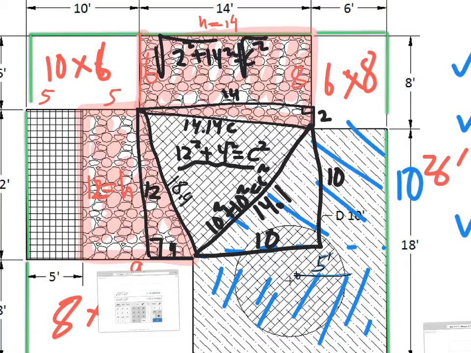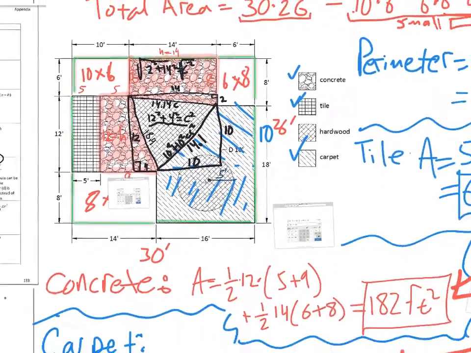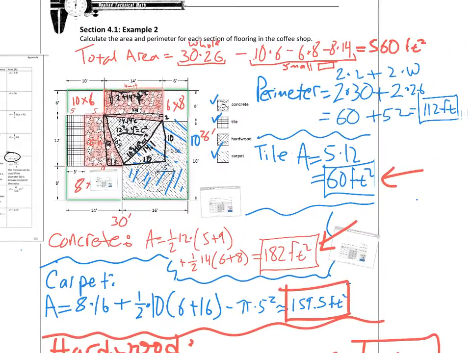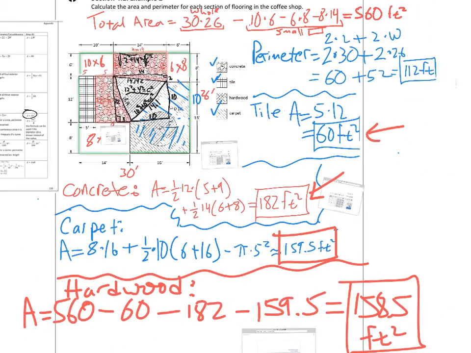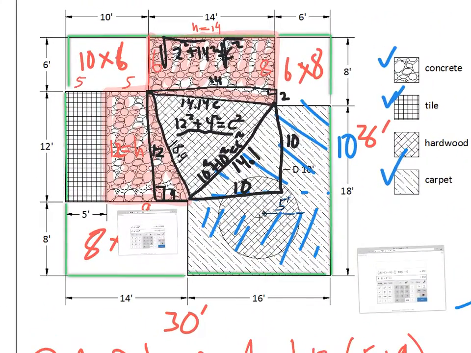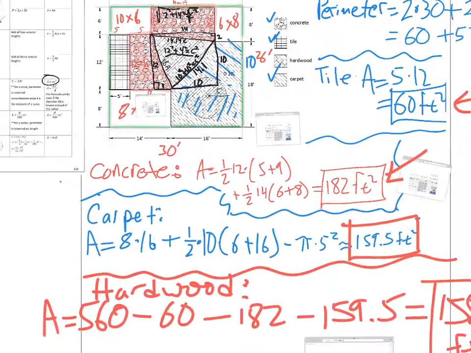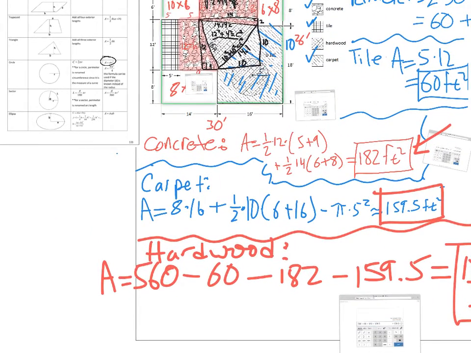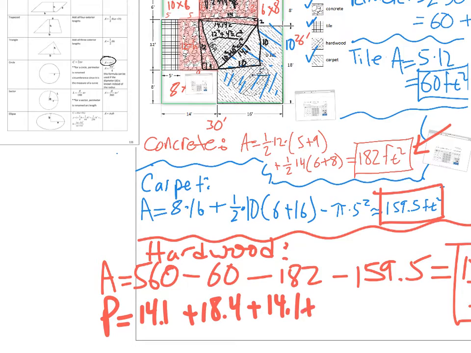Okay. So now we have everything we need to find the perimeter. The perimeter of that hardwood is this triangle here, let's add those up, plus the circumference of the circle. So we have those 3 parts of the triangle plus the circumference of a circle.